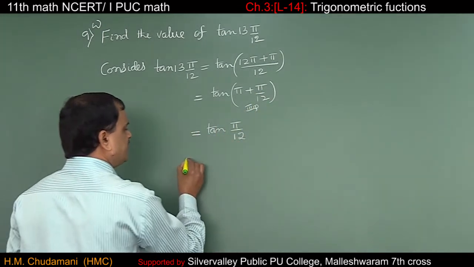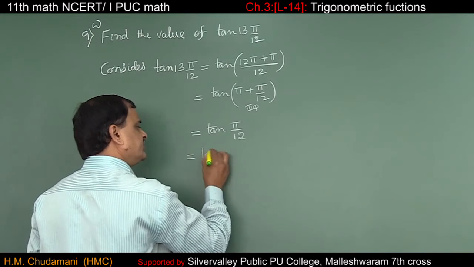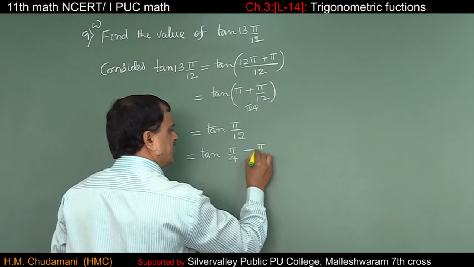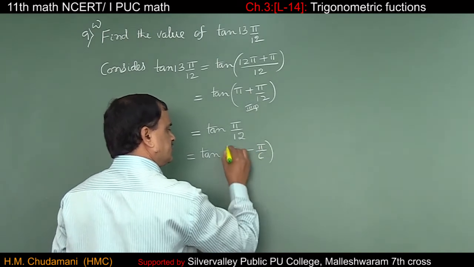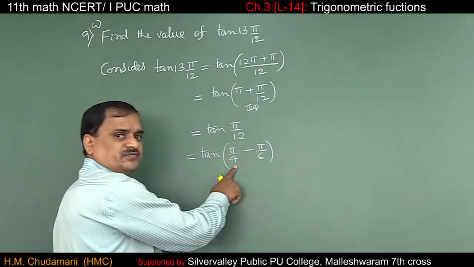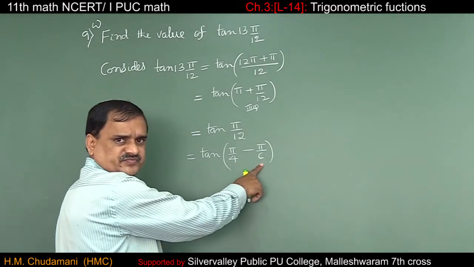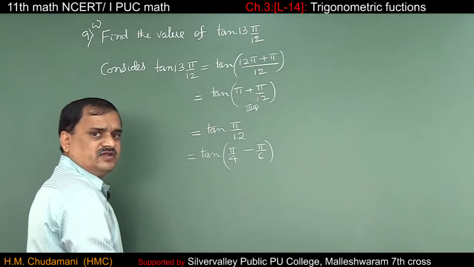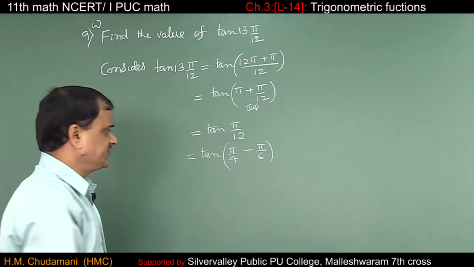Now pi by 12 can be written as, observe this, pi by 4 minus pi by 6. Take the LCM. So 45 degrees minus 30 degrees is 15 degrees. Pi divided by 12, 180 divided by 12 is 15.